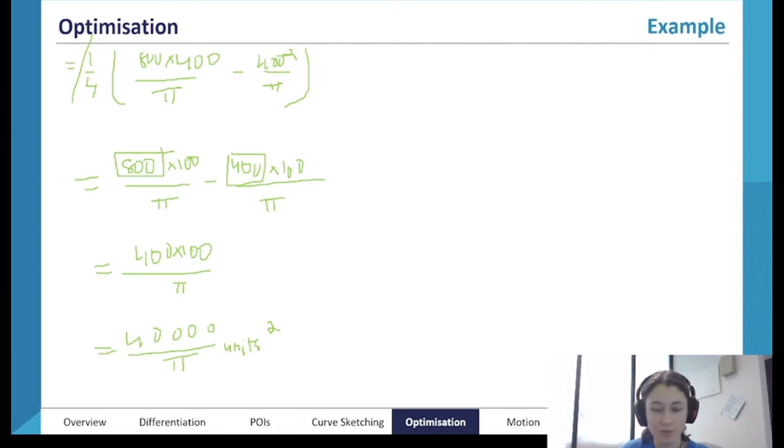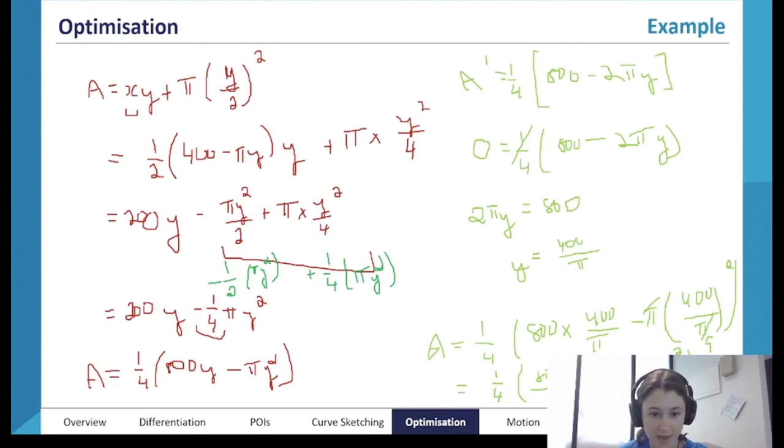The one more thing that we need to do before we move on is prove that this is actually a maximum. So what we can do here is use the second derivative.